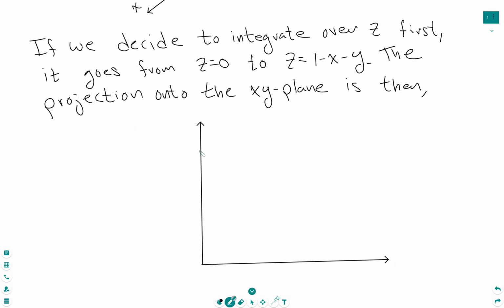Well, we knew in the XY plane, it was going to end up looking like a triangle. We also know that this point here is 1, and this point here is 1. This is the furthest reaching of the function in this particular direction, so it casts this triangle as a shadow. This is our region D. And in fact, we can solve for this line pretty easily. This is Y equals 1 minus X.